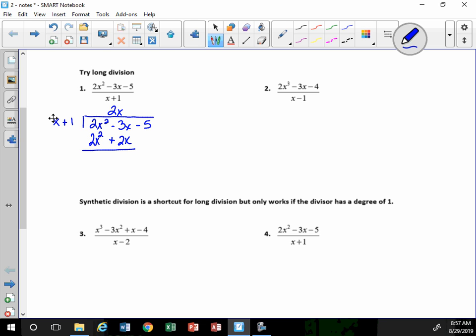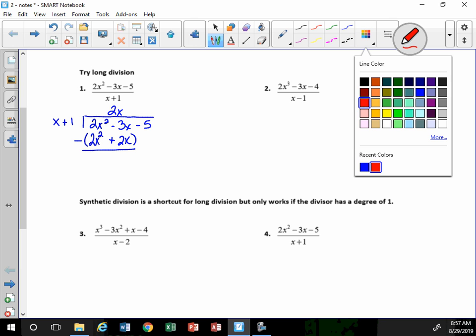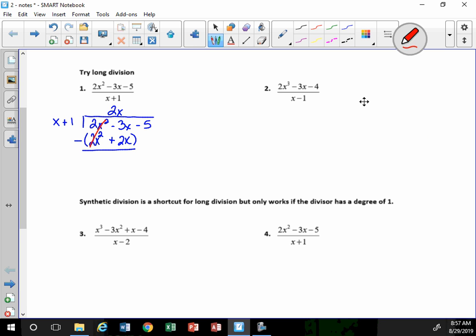All right, you guys remember, do we add or subtract in long division? Subtract, okay. So I'm going to put that in parentheses with a subtraction sign in front. All right, so 2x squared minus 2x squared, what is that going to be? 0. Okay, if that's ever not 0, you did something wrong and you should go back and try again, okay?